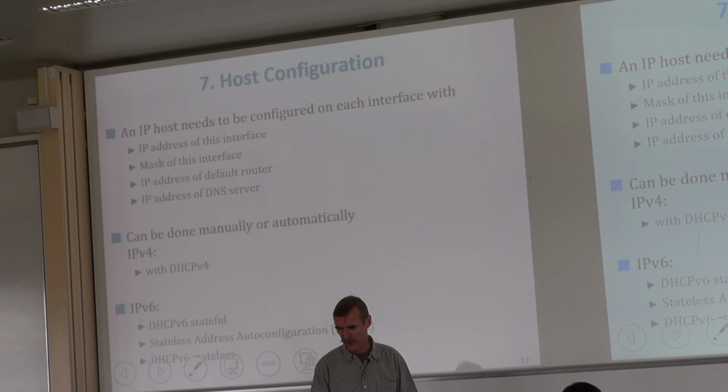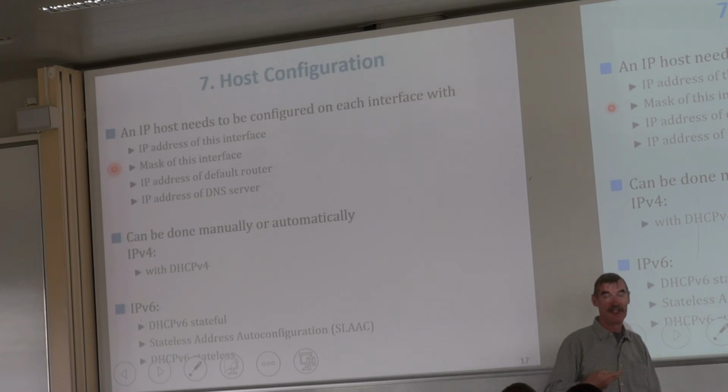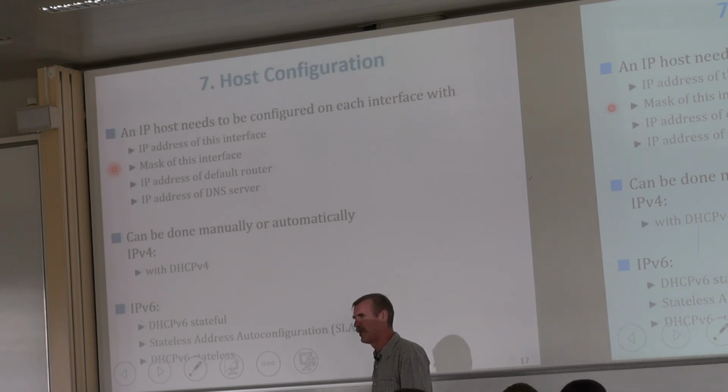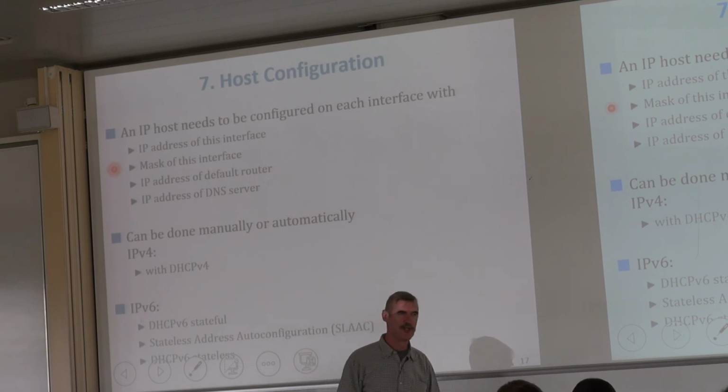What do we need to configure? Well, we need to do all those things that are written here. An IP host needs to be configured with its own IP address, with the mask, because the address itself doesn't say what is the network portion, what is the host portion, and a few additional information.